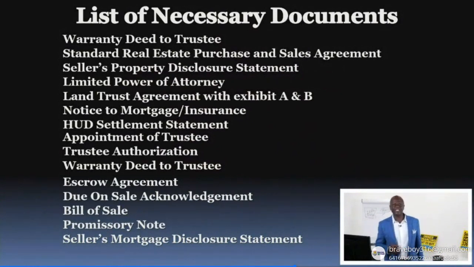You see a warranty deed to trustee, standard real estate purchase and sales agreement, seller's property disclosure statement, limited power of attorney, land trust agreement with the exhibits A and B, a notice to the mortgage company or insurance, HUD settlement statement. Y'all see all of it. I don't have to go through them all one at a time. I'm going to show you, illustrate some to you.